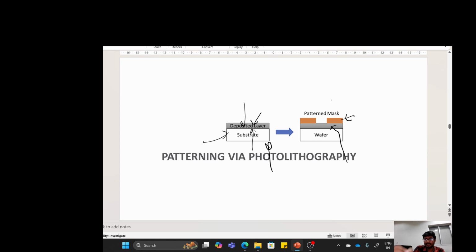In indirect writing, you can transfer the whole pattern in a single go, like with photolithography. Lithography is a kind of pattern transfer, and photolithography is the part of lithography which uses photons, or light, to transfer the pattern.